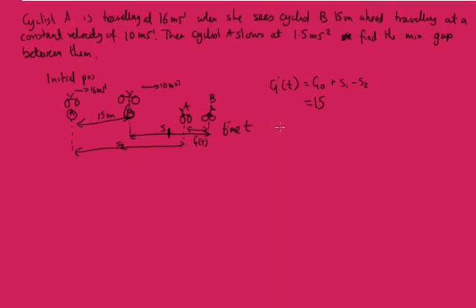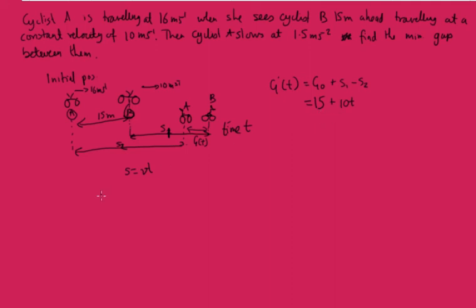And the distance for this one, cyclist B, is going to be vt because their rate isn't changing. So it's going to be their velocity, which is 10 times t.